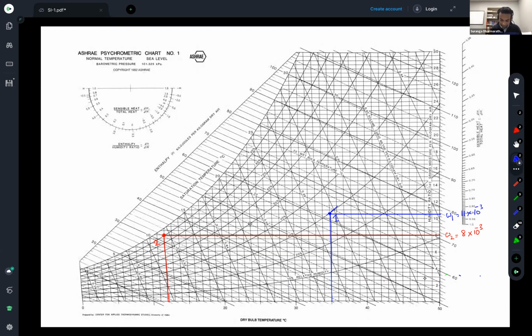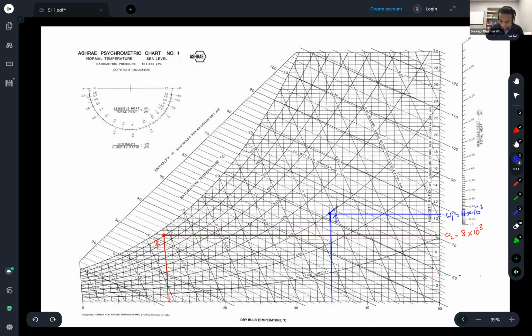That's why I put 10 to the power negative 3. And then we also need V1. So V1 is 0.88, or say 0.888 or something like that.